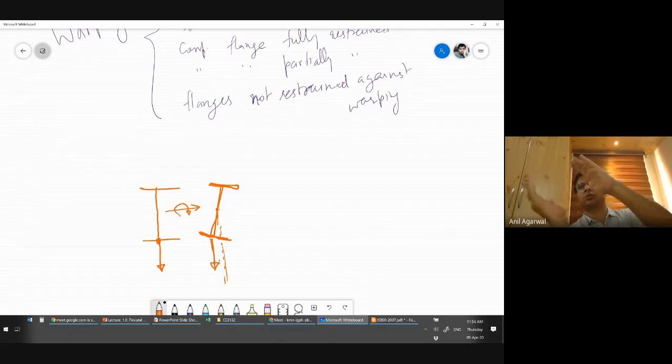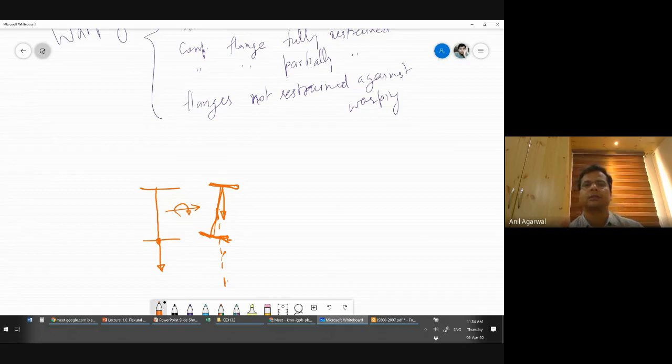So the beam is twisting this way, but the load wants to bring it back to normal position. Even if the load was acting here, it would not make the beam turn more. But if the load was acting here, then the beam is already turning this way, and the load is going to push it further to make it turn that way.